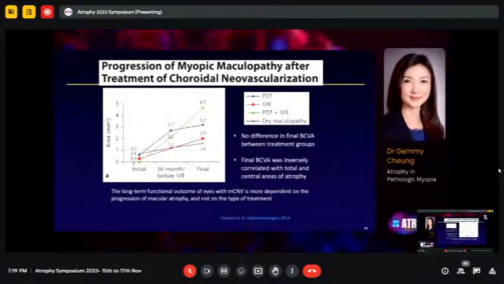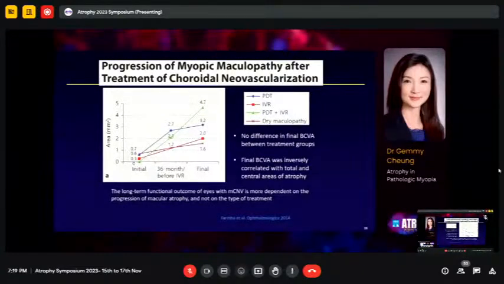And as mentioned earlier on, it is rather reassuring to know that with intravitreal anti-VEGF therapy, despite continuing also to see some development of atrophy, the incidence is much lower than in the old days when we used PDT.